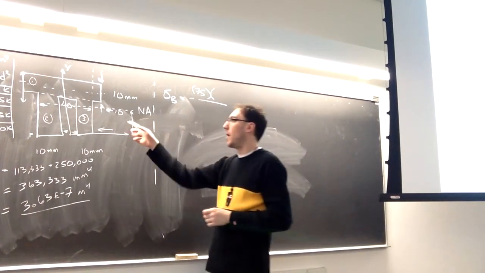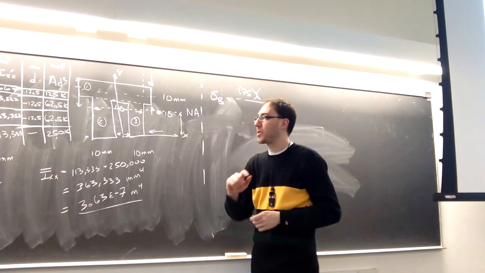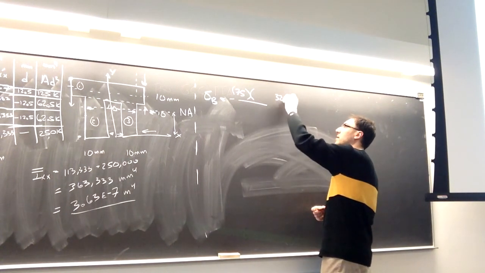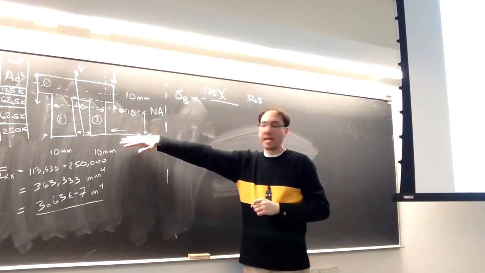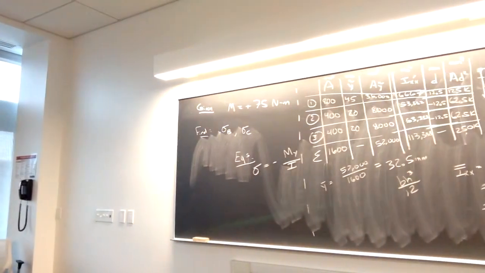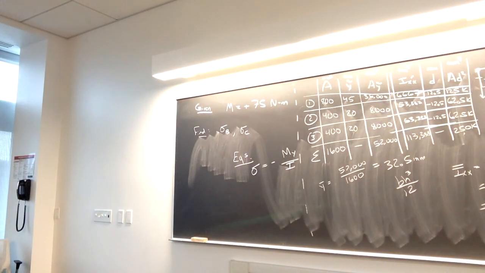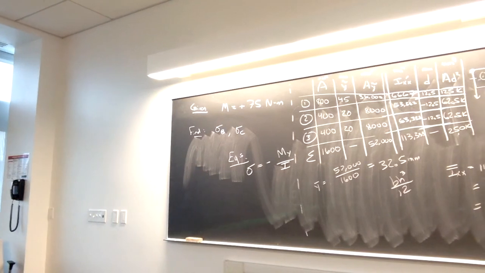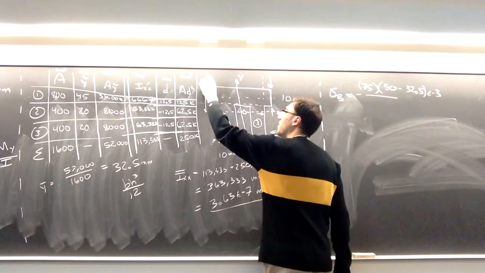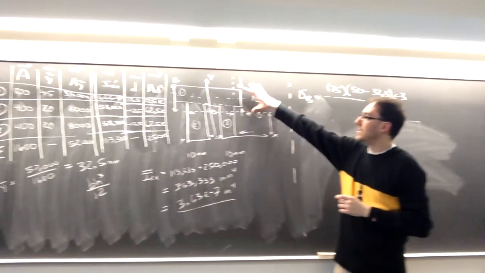To find that, we know that the neutral axis was located 32.5 millimeters above the bottom of the piece. Point B is located at the very top, which is 50 millimeters. So the distance between point B and the neutral axis, 50 minus 32.5, is this distance.